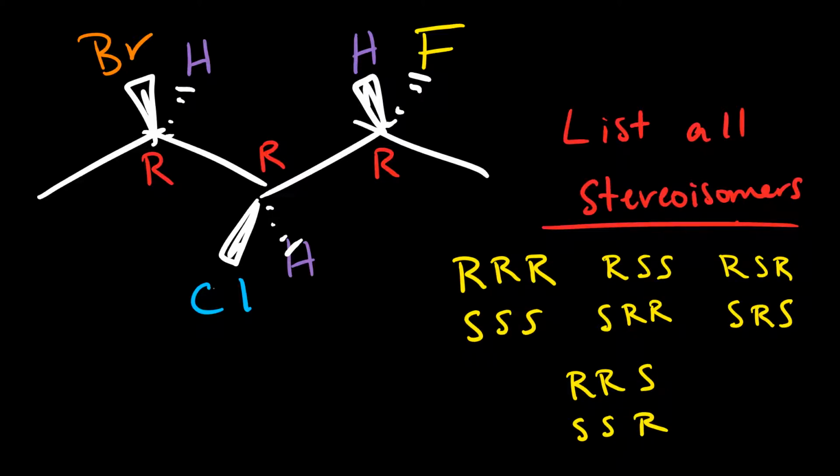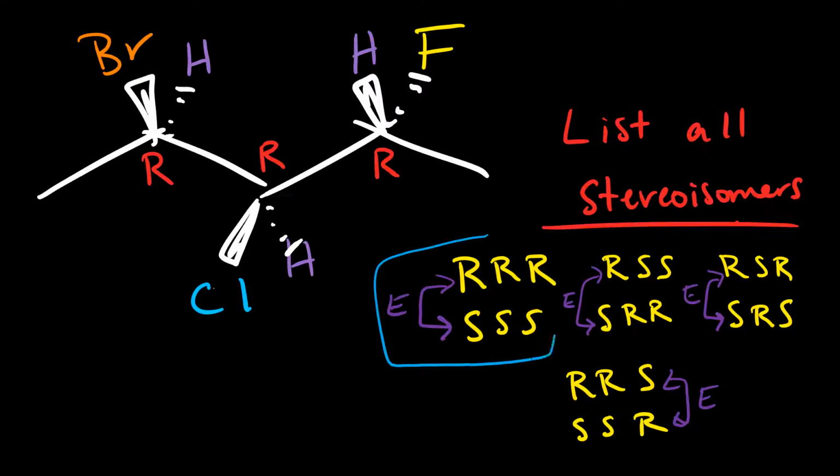If we were to list out all of the possible stereoisomers of this compound, the combinations we would come up with would be the RRR-SSS, as we saw. These are, of course, enantiomers. The RSS-SRR, these are enantiomers. The RSR-SRS, which is, of course, a set of enantiomers. And then RRS-SSR, which are enantiomers.